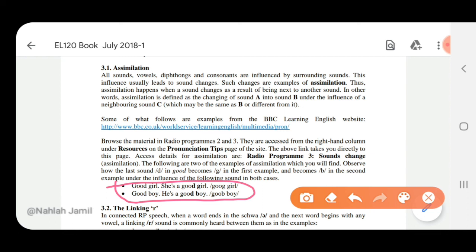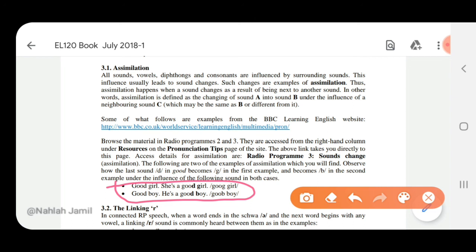So when we are talking, the affecting sound changes how we pronounce it. It's going to be good girl, good boy, for example good morning. We don't always say good morning with the full D; we forget the last D in good.